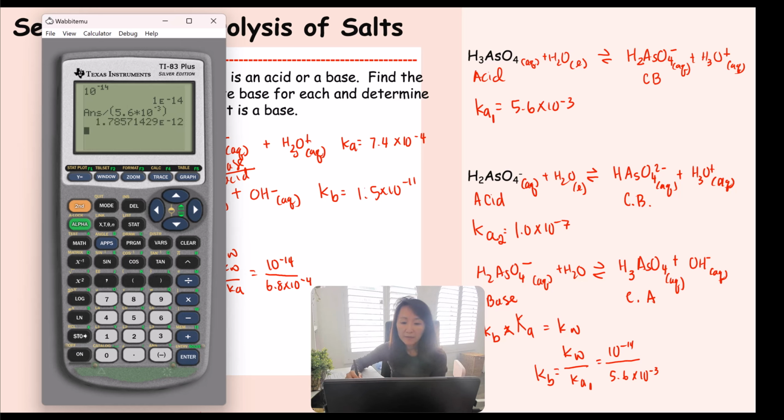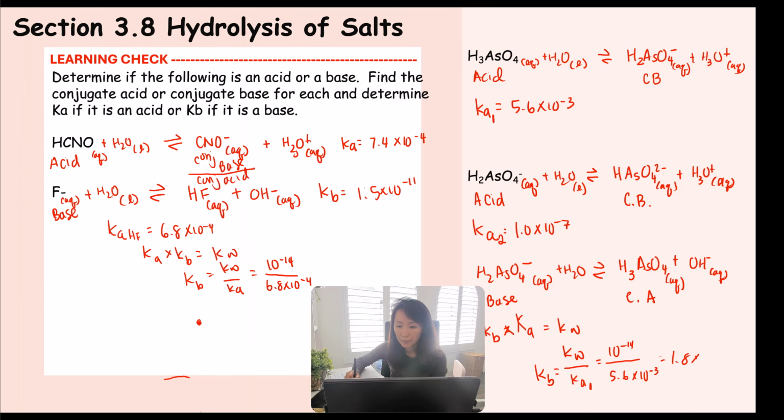I get my Kb value being 1.8 times 10 to the negative 12. That is my Kb value if this particular compound acts as a base. So a lot to review, right? And we haven't even gone to the new concept, which would be the hydrolysis of salt in part 2.